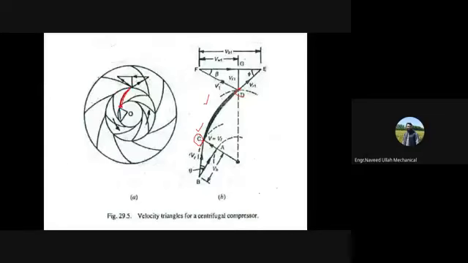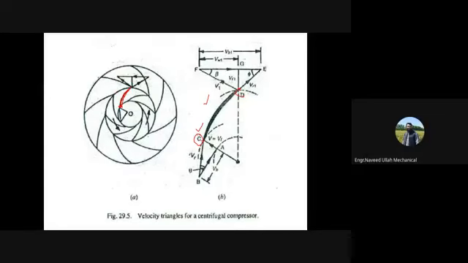The notation with suffix 1 stands for the outlet velocity triangle. If you understand the nomenclature up to this point, then we can look at the velocity triangle.